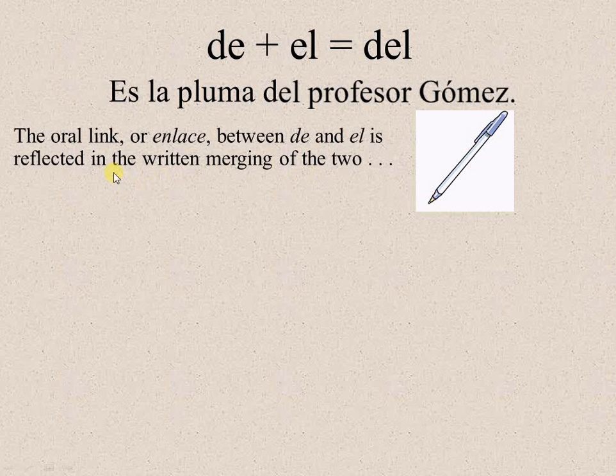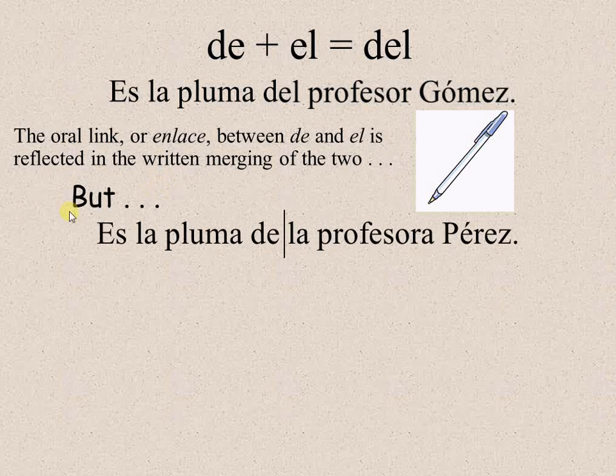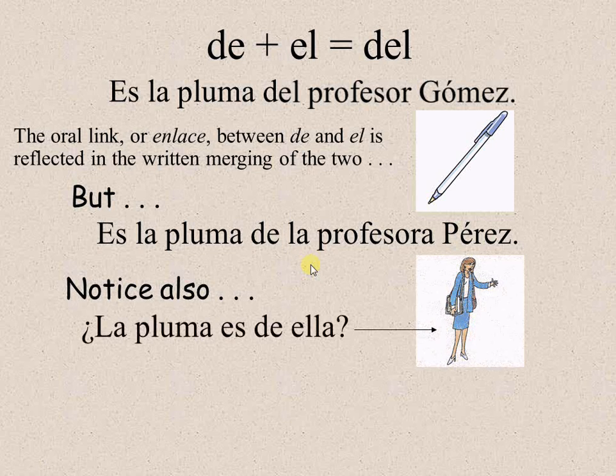Okay? Look at that. So the oral link or enlace between de and el is reflected in the written merging of the two. But watch this one. If it's feminine, you don't need to combine. Es la pluma de la profesora Pérez. Okay? Another thing you need to be careful about is la pluma es de ella.